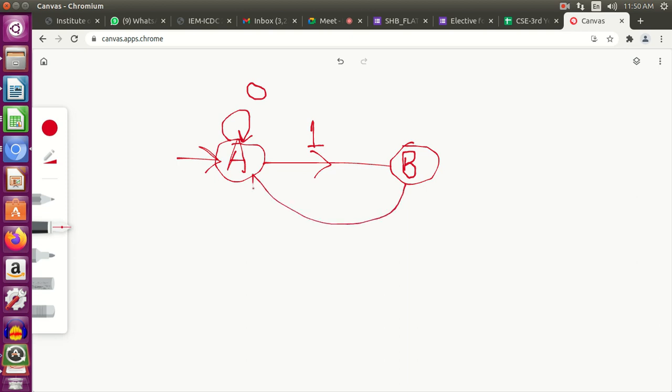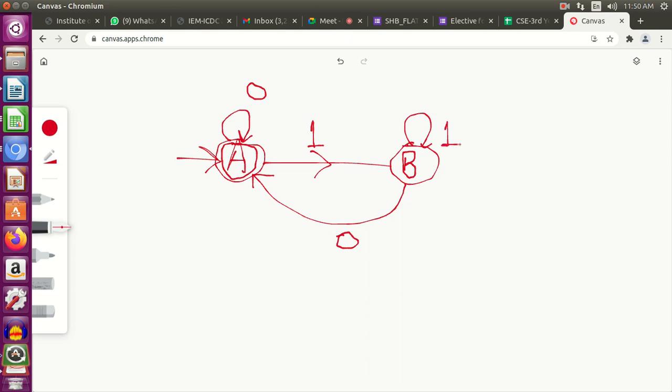On getting a 0, I go back to this state. And the transition on 1 is left, right? So I can just give a self loop.